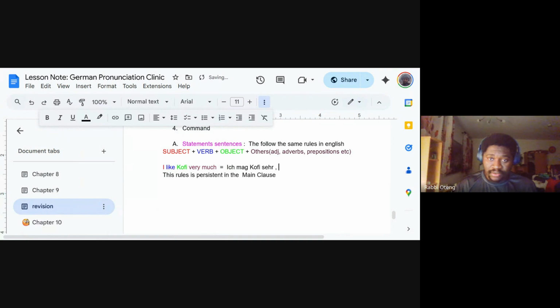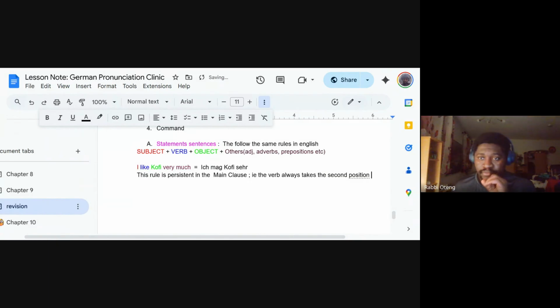That's the main clause. But with the subordinate clause, that's where everything changes.